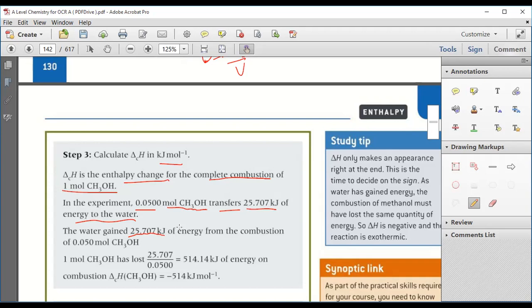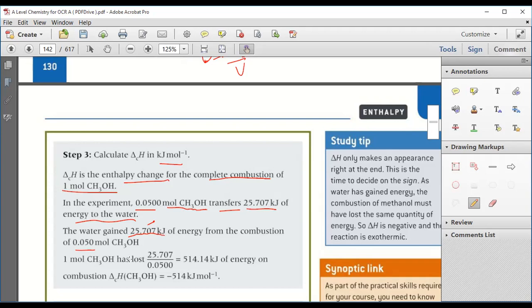So just by combustion of 0.05 mole of methanol, you can gain 25.707 kilojoule of energy. Only 0.05 mole can give you this much energy.